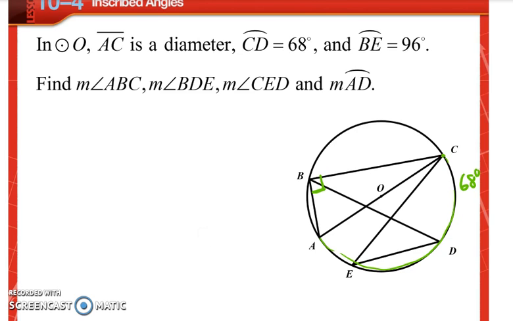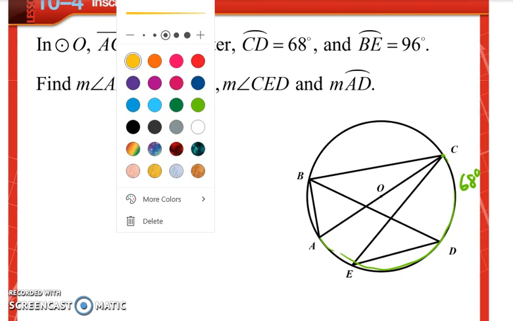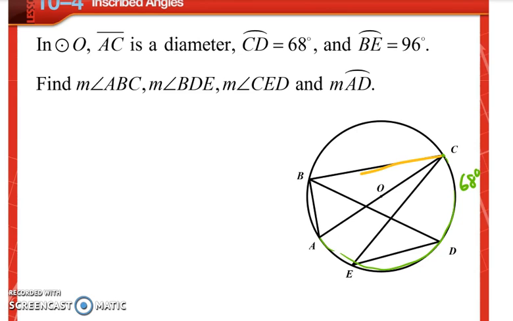So that means that any angle that's inscribed in there, so I've got CBD, has to be 34 degrees. And here's another one inscribed on that. CED also has to be 34 degrees. Okay, so we've got CED done.